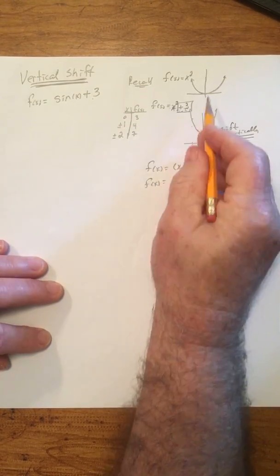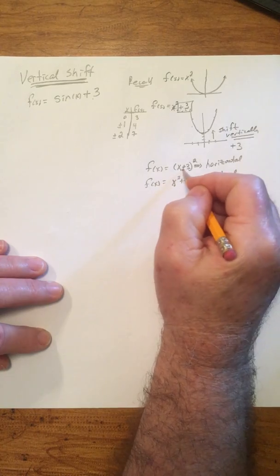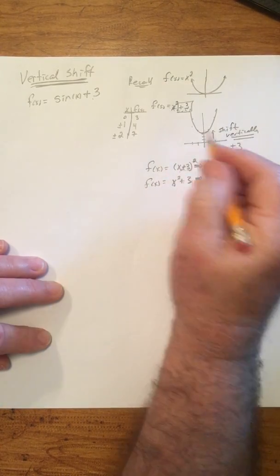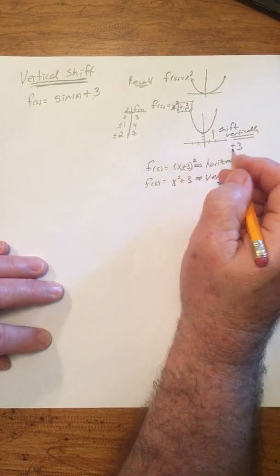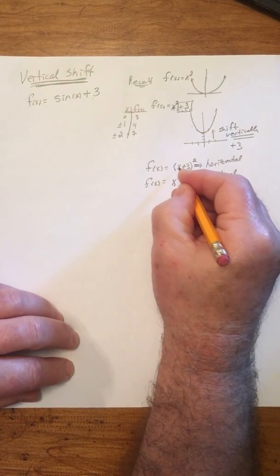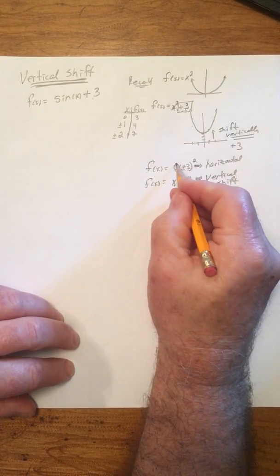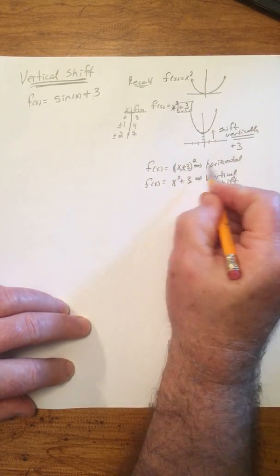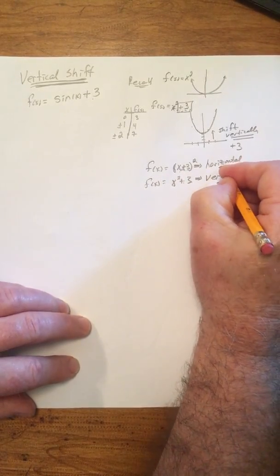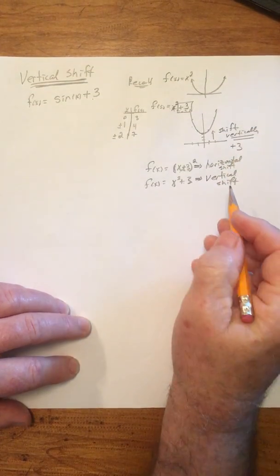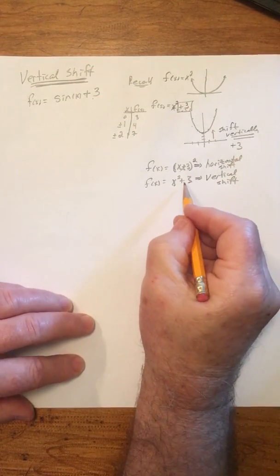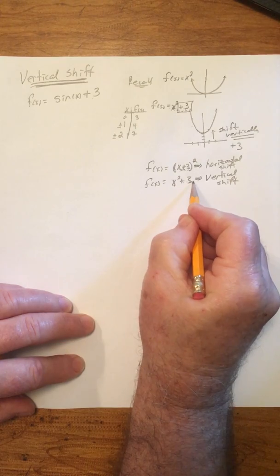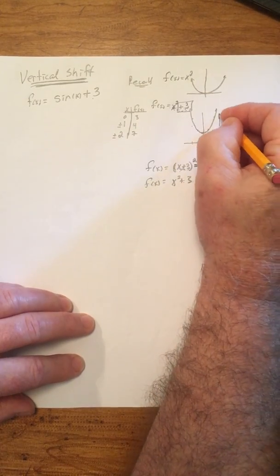I think we could graph a function like this, and it wouldn't take very long to convince ourselves, or maybe a better way to say it is to remind ourselves, because I think we've all studied this before, that when you add or subtract on the inside, that corresponds to a horizontal shift. And a thing to bear in mind is this: when you add outside the function, you shift up.